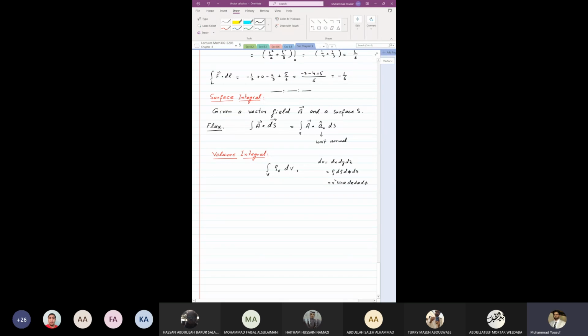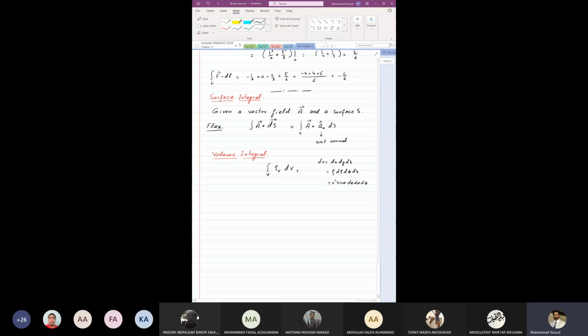So we have seen these things before, and it depends. And rho v is the function which we are using over the solid. So this is the function, and this is dv. As a volume integral, rho v is a scalar over the volume v.